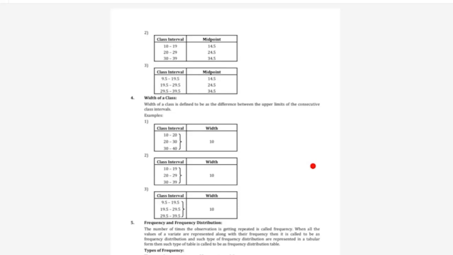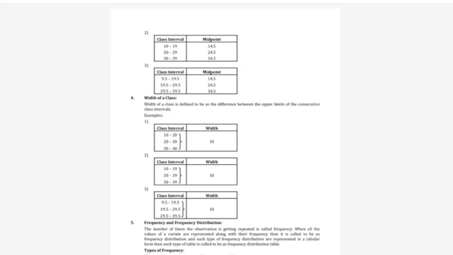But just by knowing the name, the purpose is not going to be solved. In the real sense, we should know what is the meaning of the term width of a class.